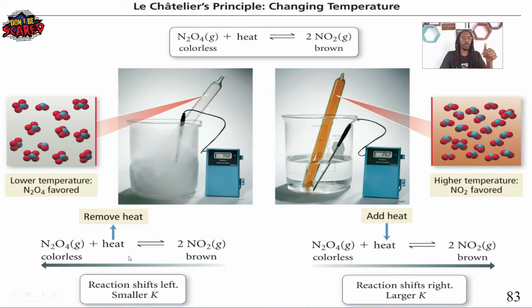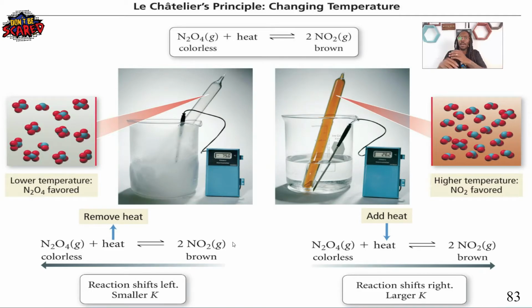Because our heat is on the reactant side, we're going to have to shift towards the left to replace our reactant. So in this case, it's a shift towards the left. Now also understand, because we're shifting towards the left, how's that going to impact my K? My K is going to become smaller, right? Because small k is on the reactants.